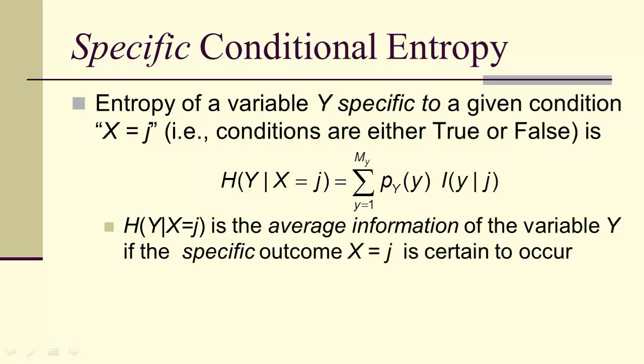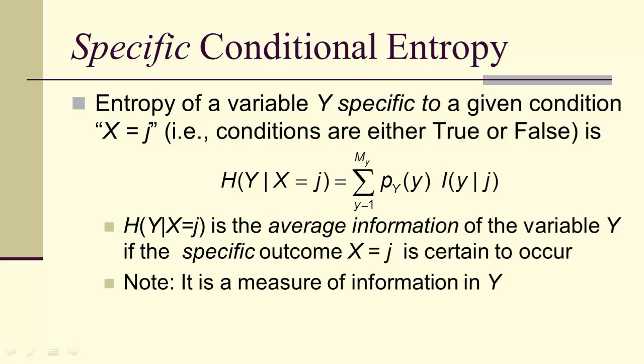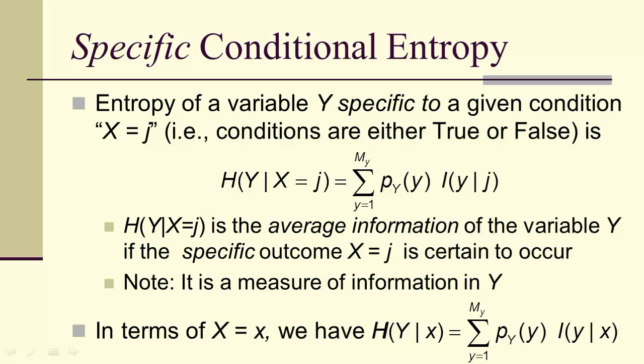So the specific conditional entropy is the average information of the variable y given the specific outcome x equals j. And it's a measure of the information in y. So it doesn't say anything about j or x because we already know what they are. In terms of x equals little x, we can write the specific entropy in this form.